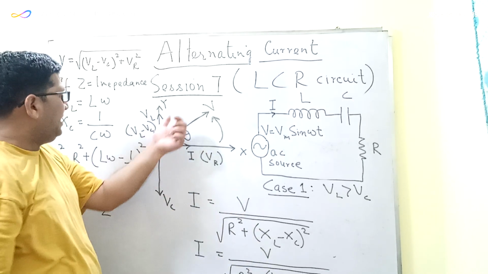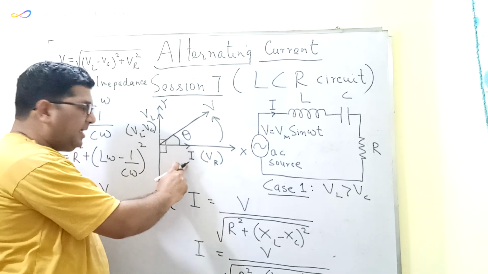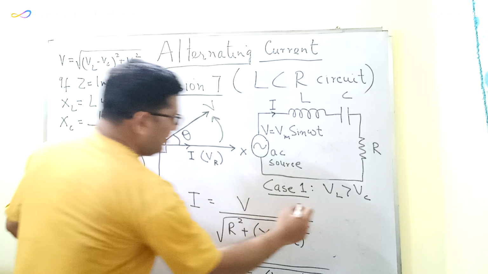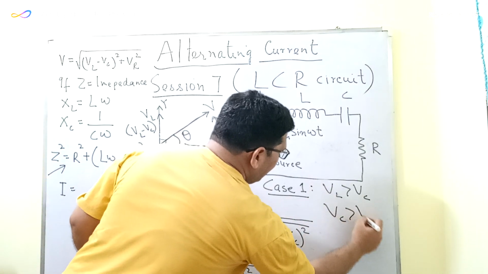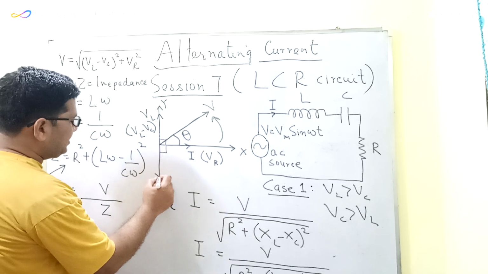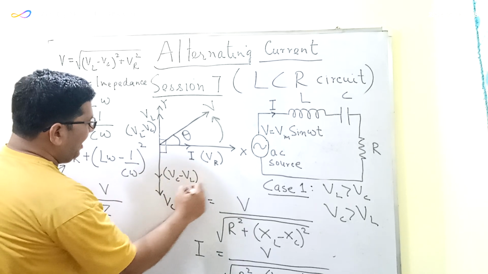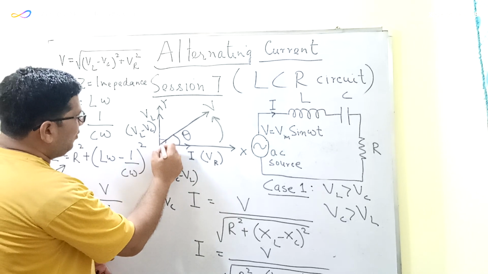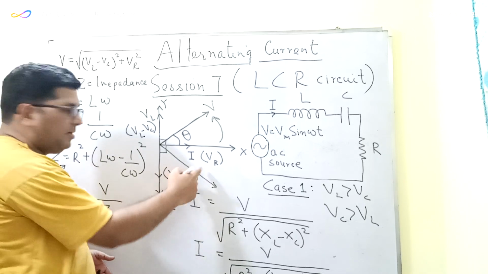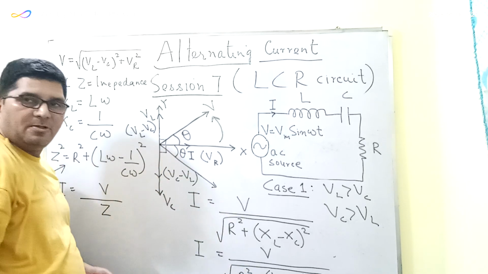So when VL is greater than VC, the voltage is leading the current. And if VC is greater than VL, then the net voltage along the y-axis will be pointing in the negative y direction, equal to VC minus VL, and in this case the net voltage will be lagging the current by some angle, say theta.